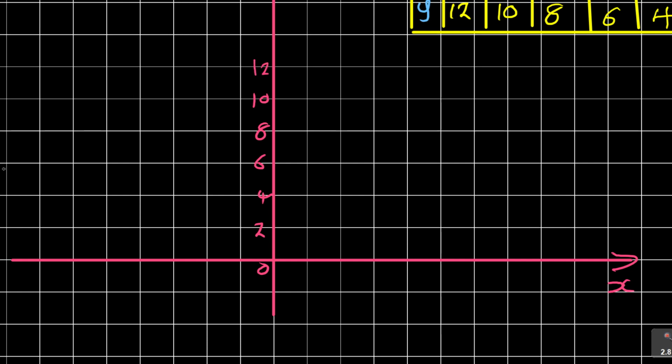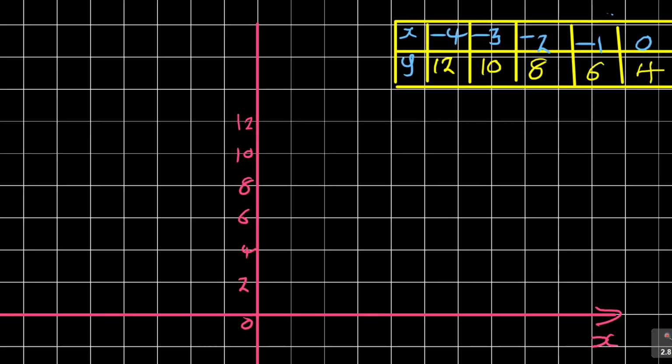So this one you're fine. And then the other one is for x: -1, -2, -3, -4, and 1, 2 and 3. I think that was the end.